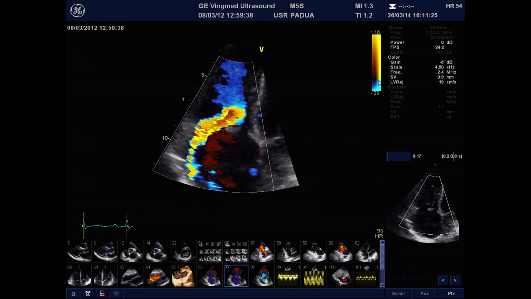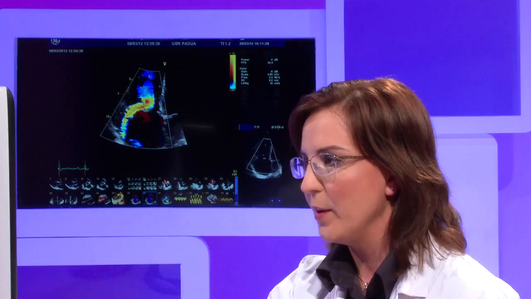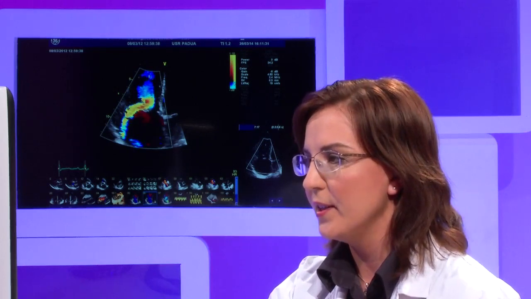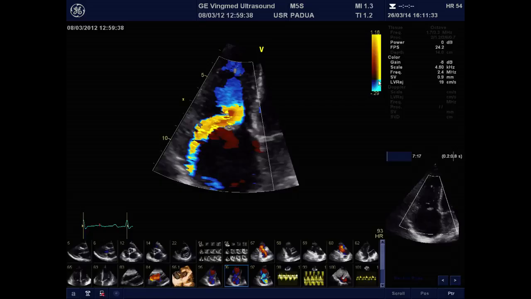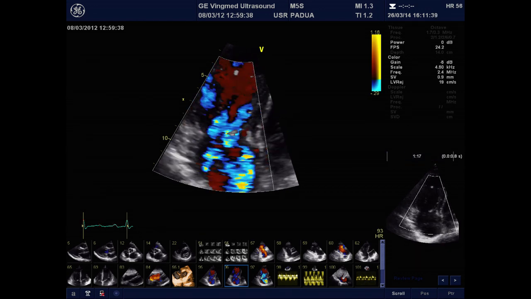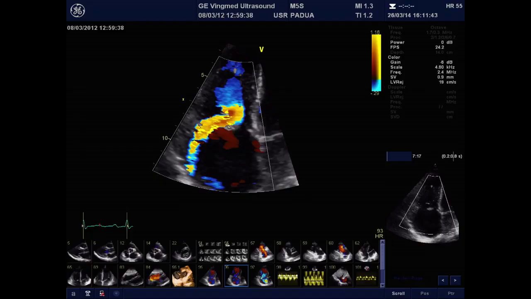And then after selecting the best frame that I can identify in systole, I'm able to identify the three components of the regurgitant jet. The first is the proximal one, the PISA, this one here, in this region.